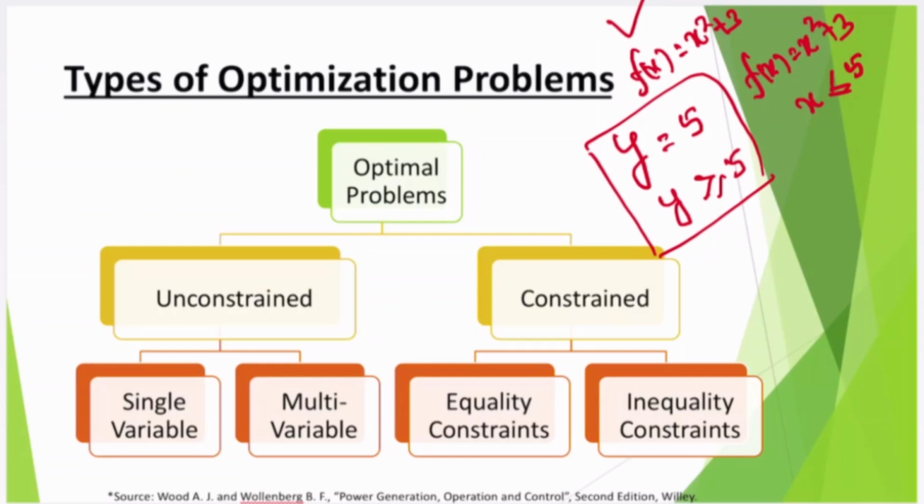I can also have f of x equal to x1 square plus x2 square plus 25, where x1 is less than or equal to 3 and x2 is greater than or equal to 5. So now it is a multivariable inequality constraint optimization problem. All right. So you can find many problems of this order.